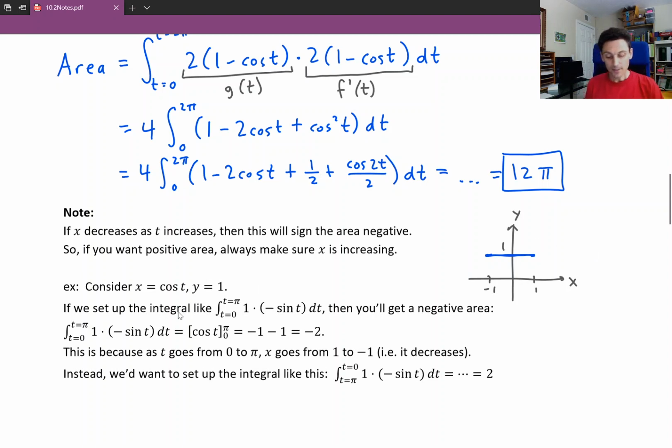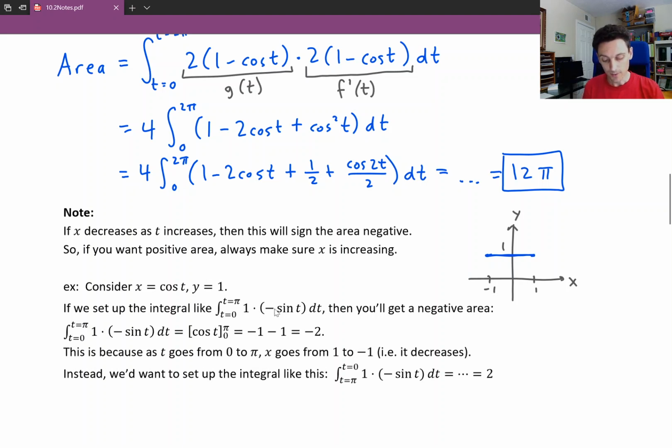Now if we set up the integral with t going from 0 to pi, say we want to find the area under this curve, well, we know that area to be 2, right? If we set up our integral as t goes from 0 to pi, then we have y times the derivative of x with respect to t, dt.